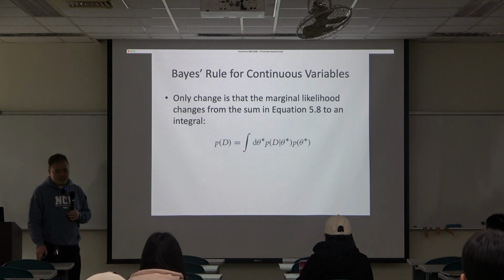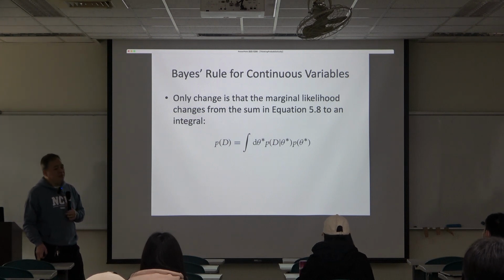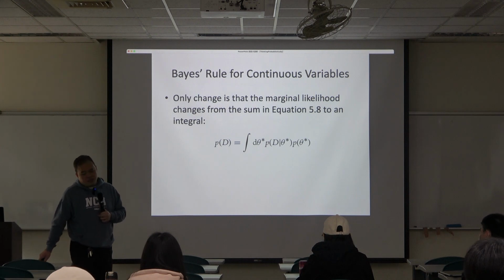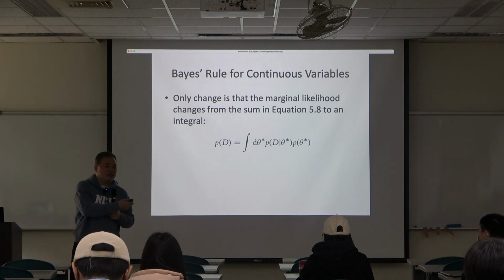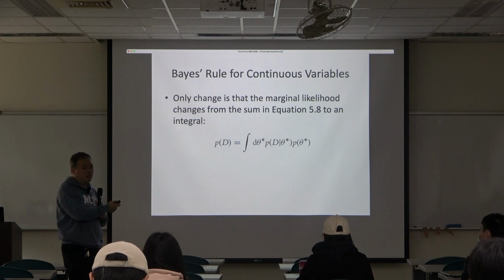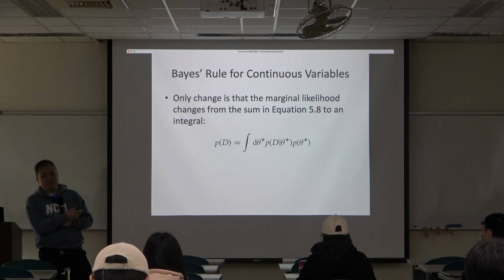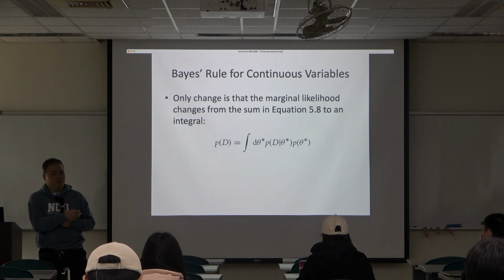Why was that? The primary reason is not that Bayes' rule was just invented in the late 20th century. No, it was there for a long period of time, for 100 years.